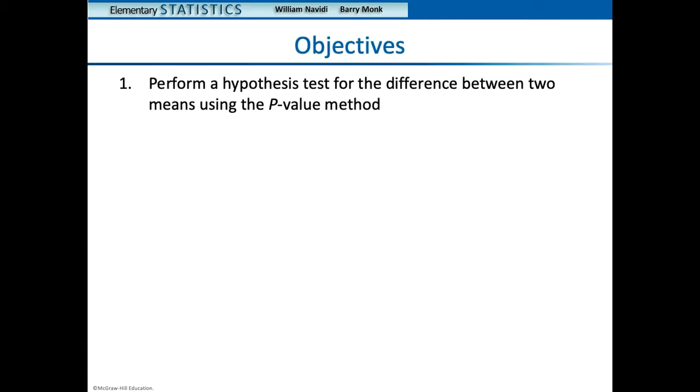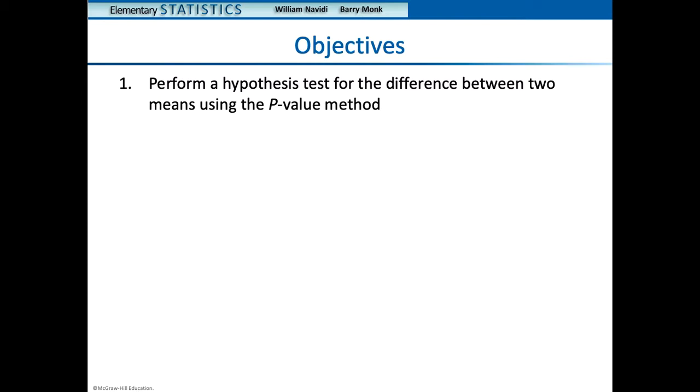So we will again use the p-value method, but this time we will look at how to use the p-value method to perform a hypothesis test for the difference between two means. What we'll see is that the very basic structure of this test again remains relatively unchanged.